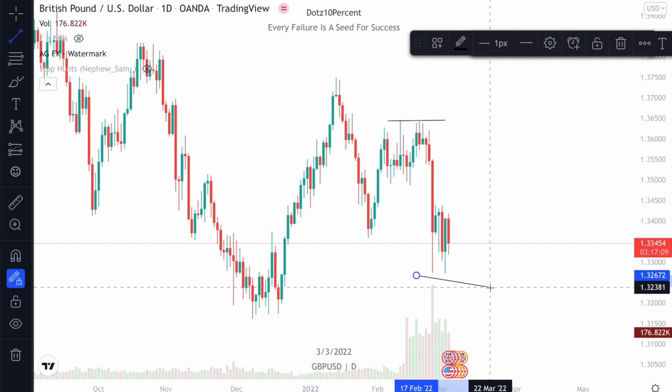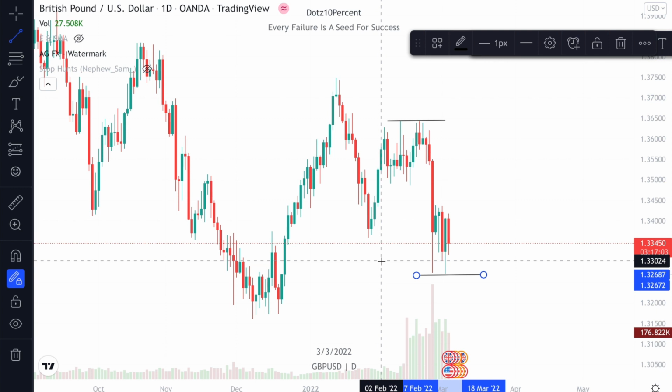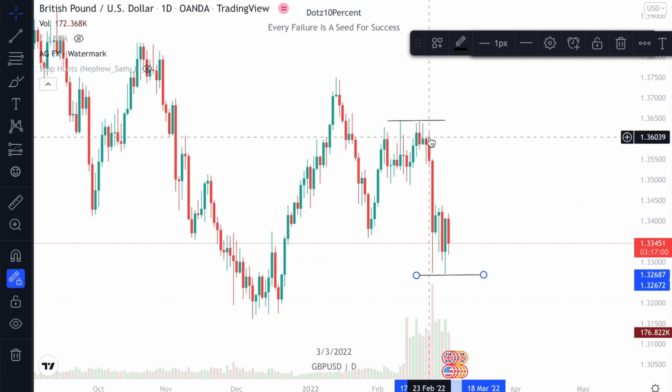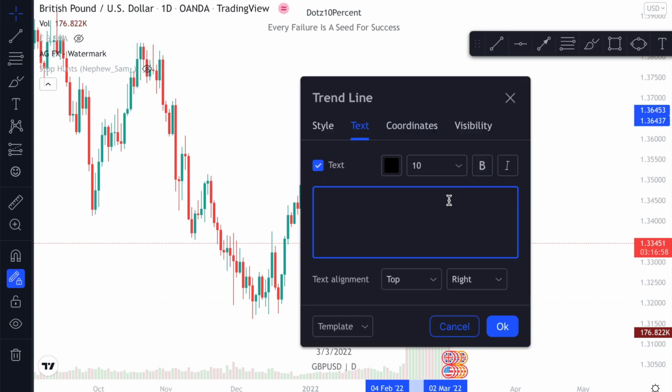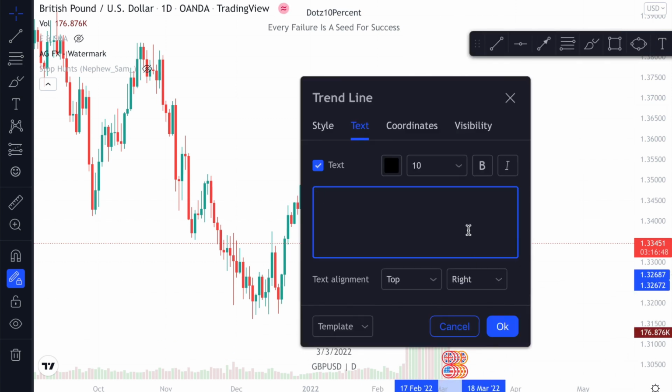I'm going to mark out this as well. Okay, let's just stick with these two for now. So we're going to call this BSL. Another thing I always like to include is the time frame with it, because it's going to hold significance and it will give you context.